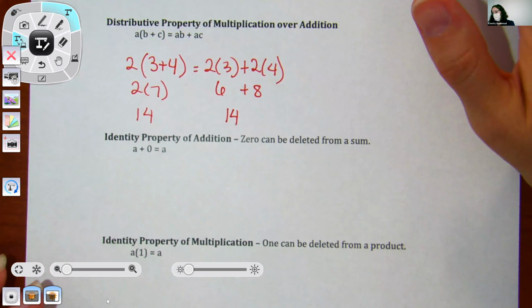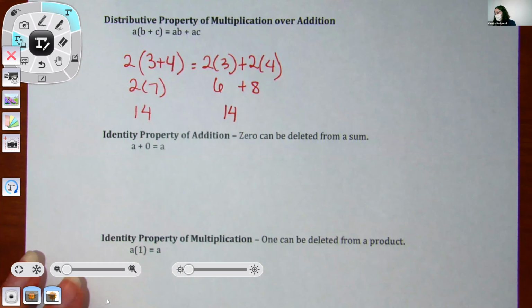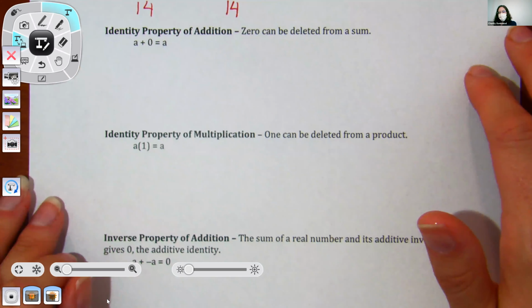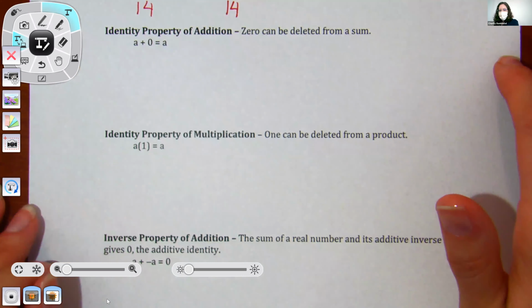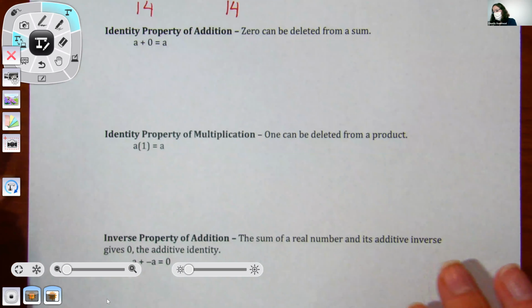And then the identity property of addition means that 0 can be deleted from a sum. So a plus 0 equals a. It's pretty obvious. The identity property of multiplication means that 1 can be deleted from any product. So a times 1 is equal to a.